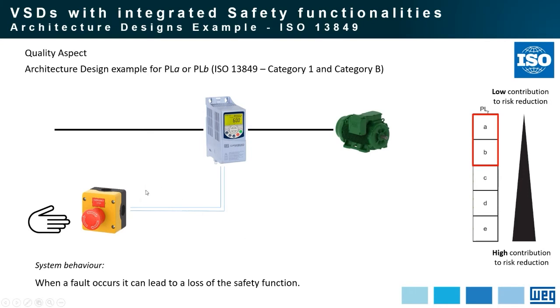So this system here looks very safe, okay, because there is a connection from the emergency push button to the variable speed drive, and the variable speed drive also has the digital input with an emergency status or an emergency function that will stop the motor safely. But in the end, this system may have some failures. For example, the cables may have a short circuit, or cables may break between the variable speed drive and the emergency push button. And this is for sure an unsafe situation.